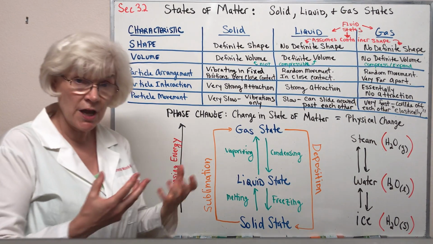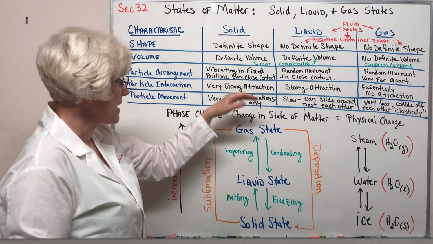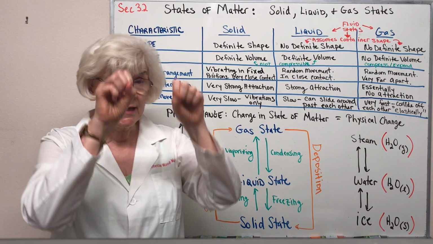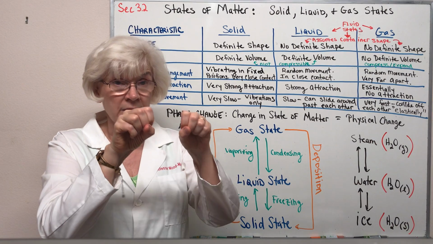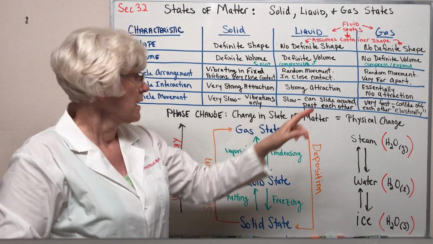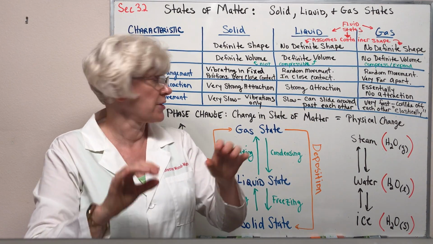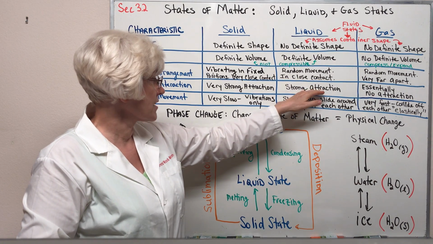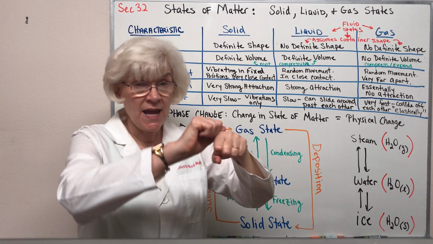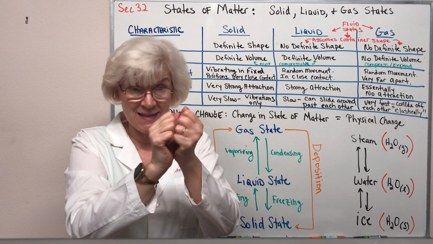Let's take a look at particle interaction. How do these particles attract to each other? If we're looking at matter in the solid state, particles have very strong attraction for each other, and that's what is essentially holding them in fixed positions. In the liquid state, particles still have strong attraction for each other, but that strong attraction is not as evident as in the solid state, which enables the molecules or atoms or ions to slide around past each other.